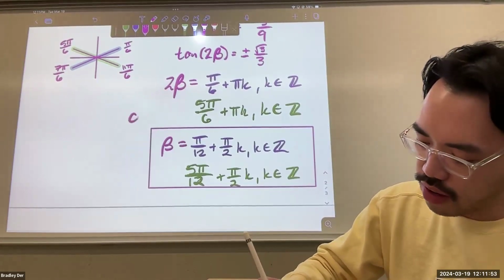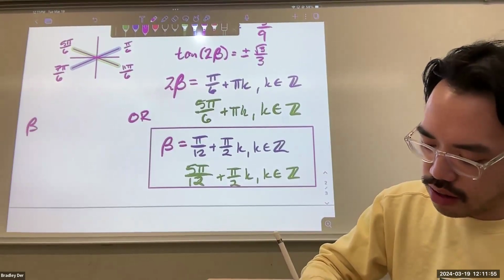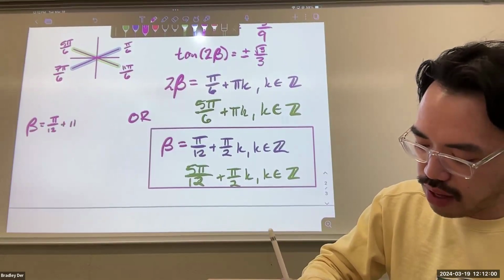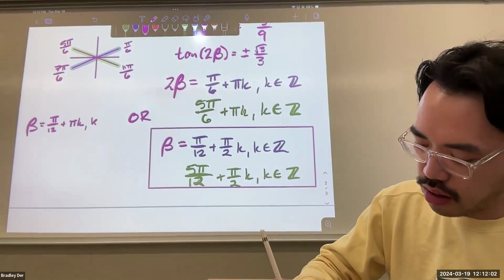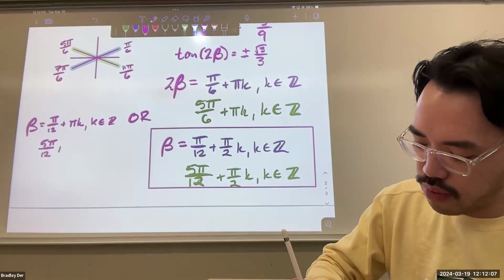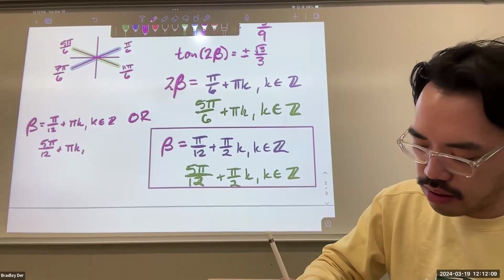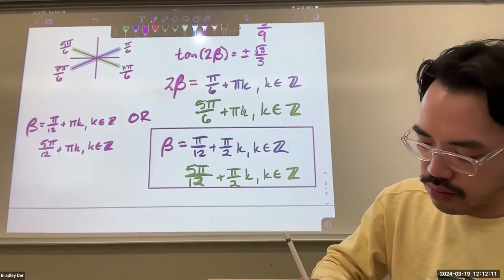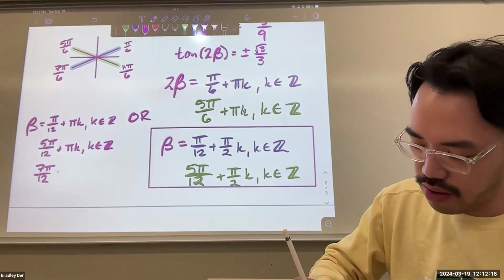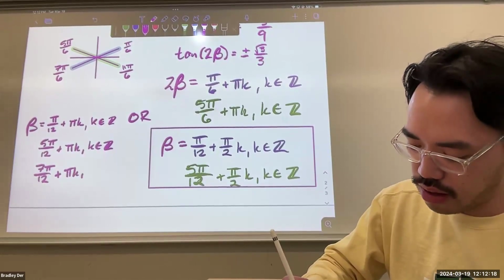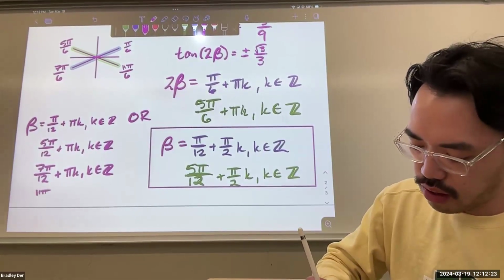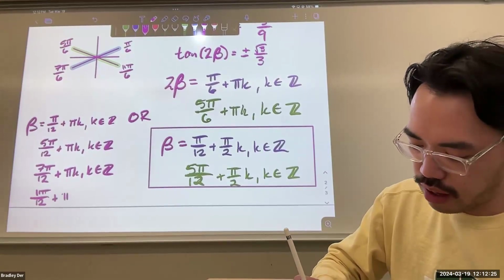The alternative answer that I think you might maybe have written is pi/12 plus pi k, 5 pi/12 plus pi k, 7 pi/12 plus pi k, or 11 pi/12 plus pi k.